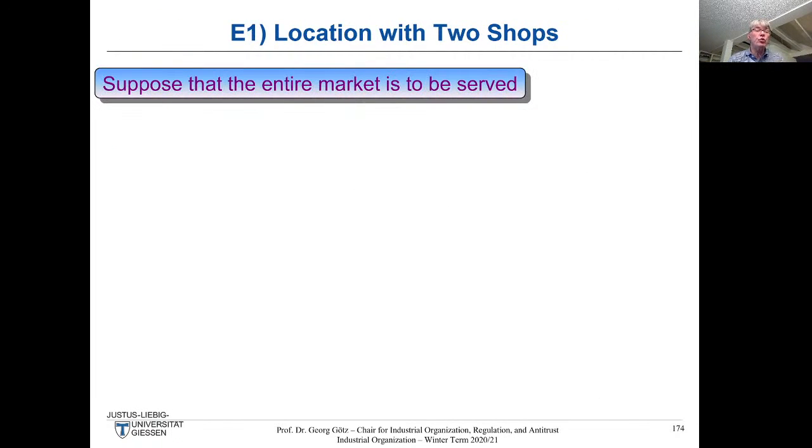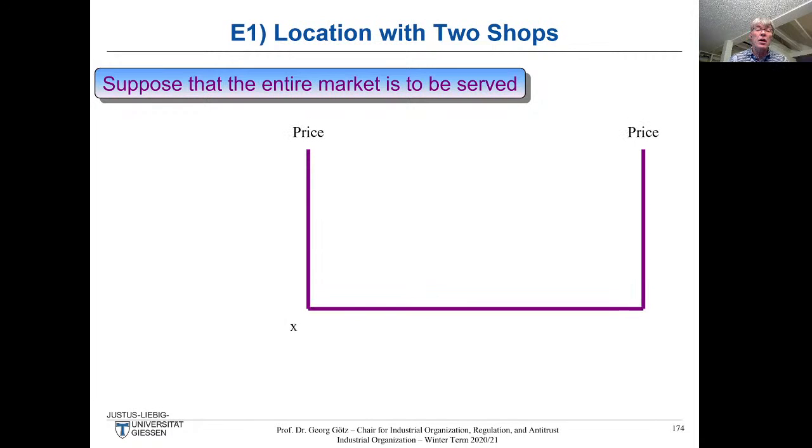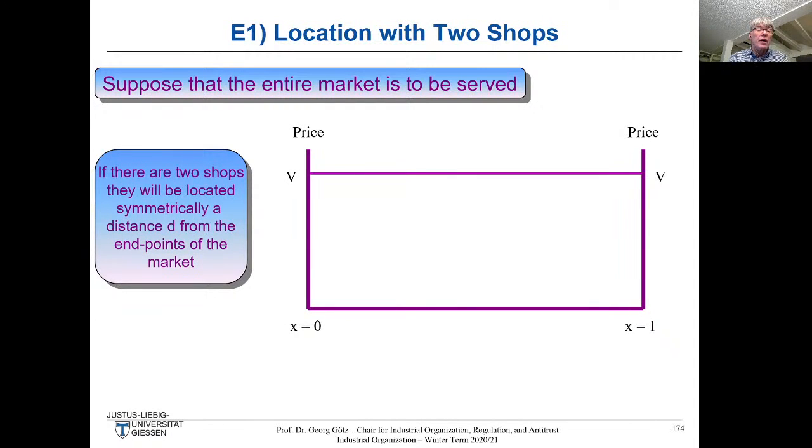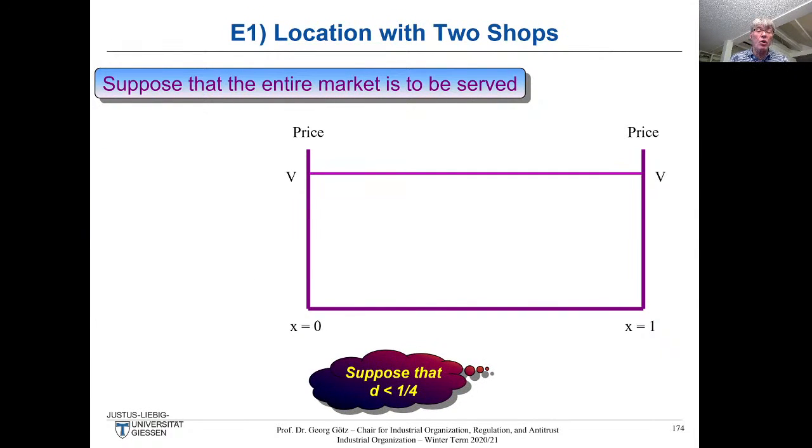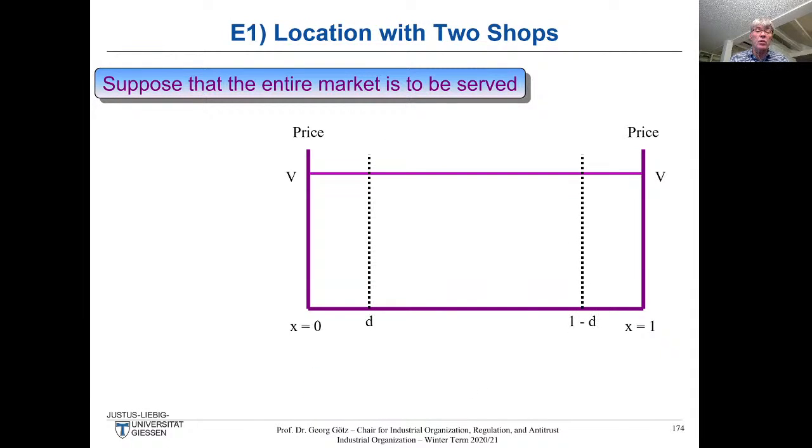So if we have two shops, and if there are any questions, just ask them in WebEx. If there are two shops, and if we assume that we want to serve the entire market, again, they will be located symmetrically. Suppose for a minute that they are located at a distance d from the endpoints of the market, and suppose that this distance d is smaller than 1/4.